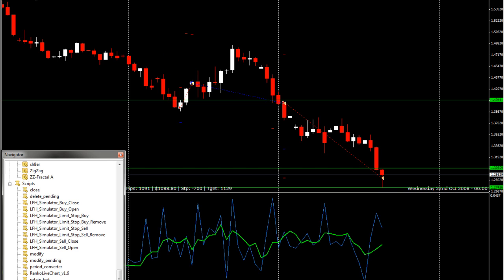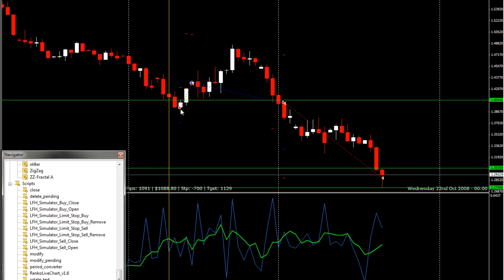This is the candle that I marked this level, and sorry, not this candle, this one. And there was a close below that candle, so I opened the sell, and there was a close above this candle, so I closed the sell and I opened a buy.